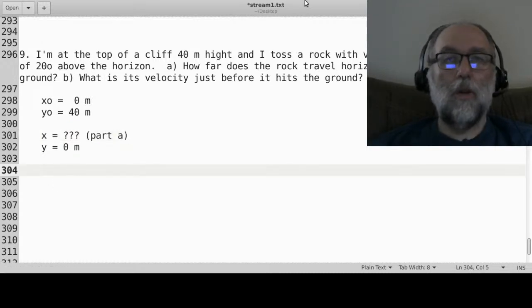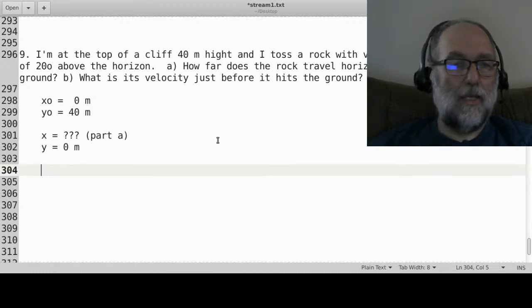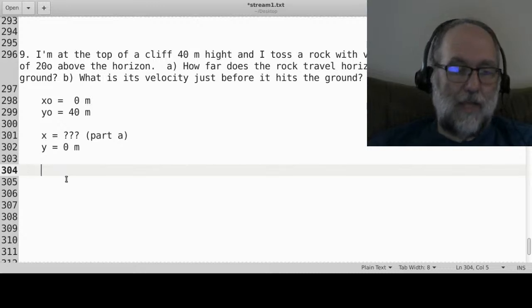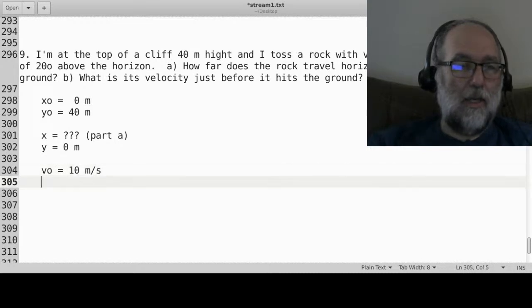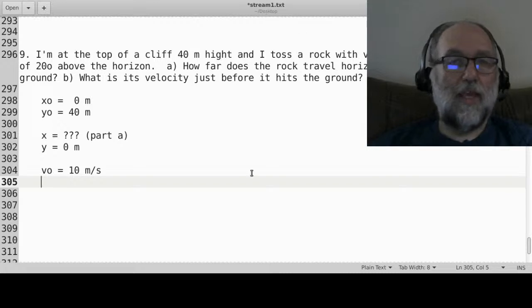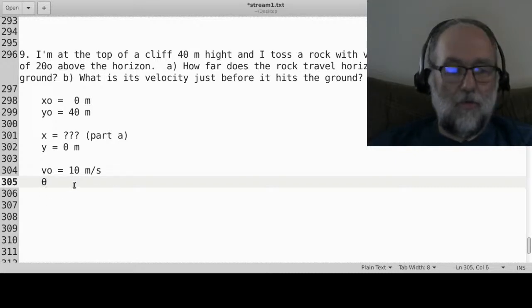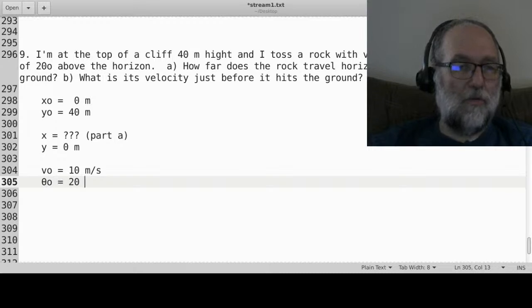What about your initial velocity? I don't give you the initial velocity in x and y components. I give you the initial magnitude, 10 meters per second, and I give you the initial angle, and that's 20 degrees.